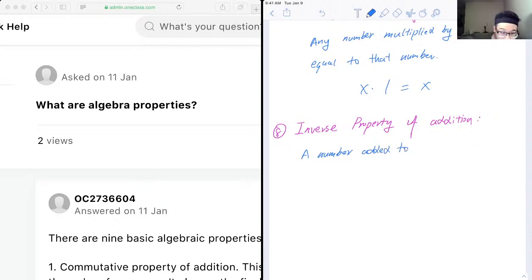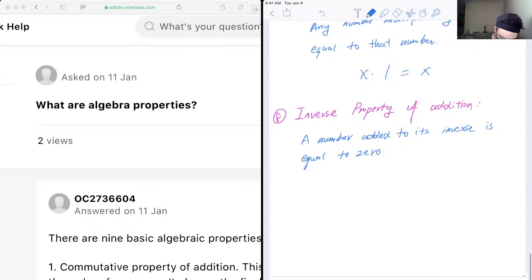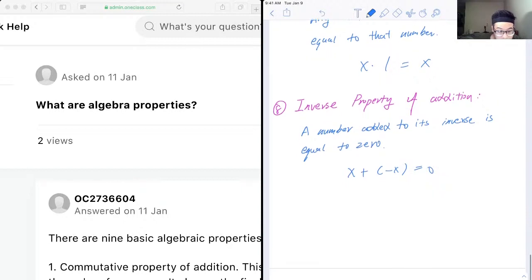So in other words, x plus negative x will be equal to 0.